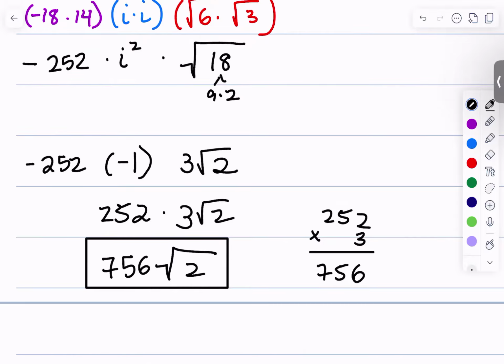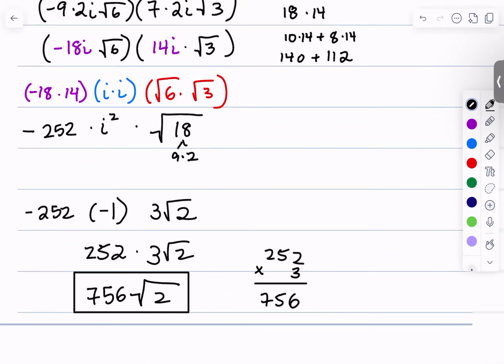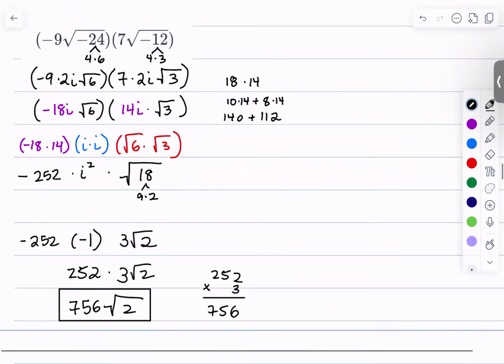So that's my answer there. All right, so just to sum up, there is the work there. Okay. And I honestly purposely did not use a calculator. Okay? Because you guys don't have to either.